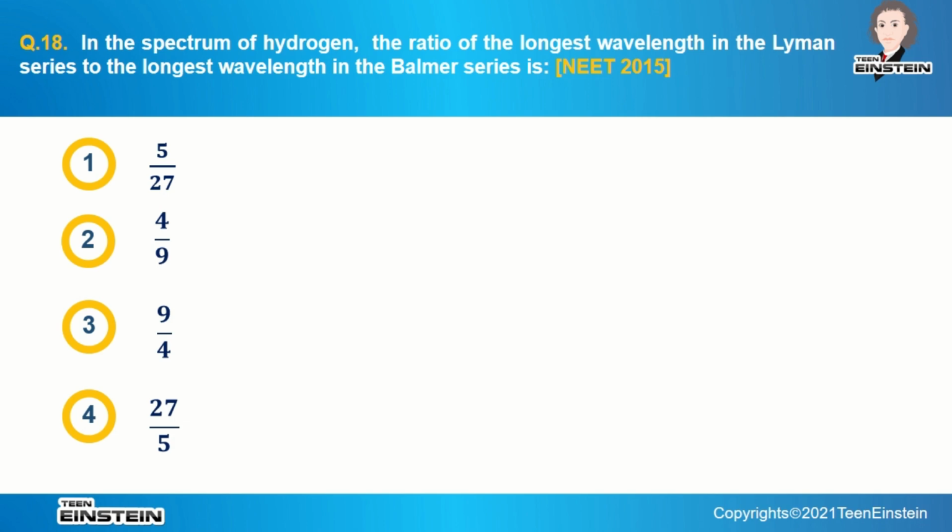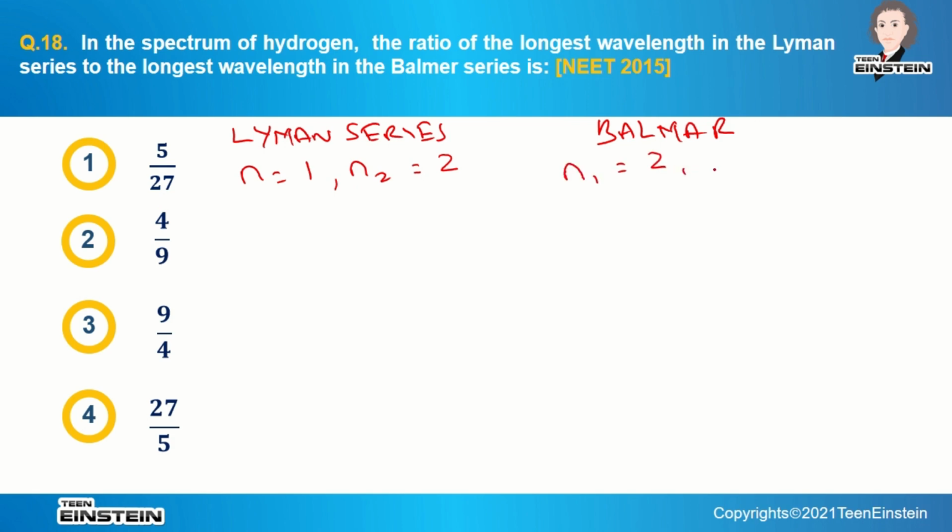So for the longest wavelength, n1 will become 1 and n2 will become 2. This is for Lyman series, whereas for Balmer series n1 will become 2 and n2 will become 3.